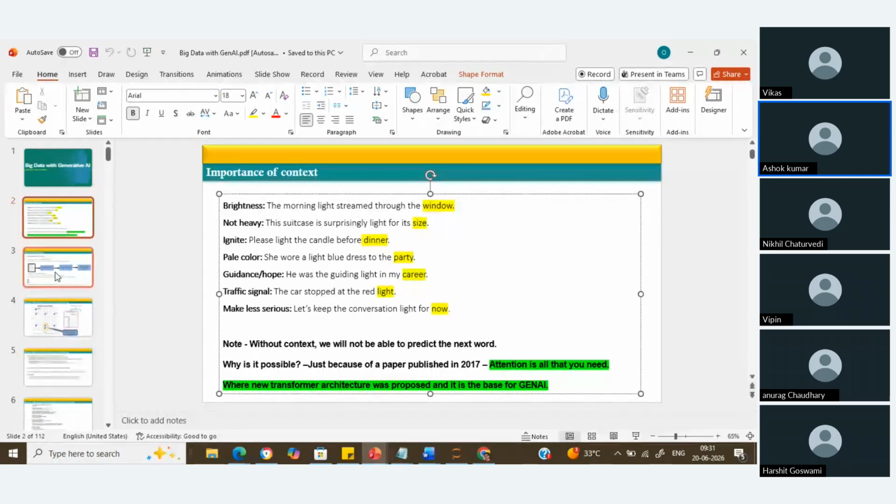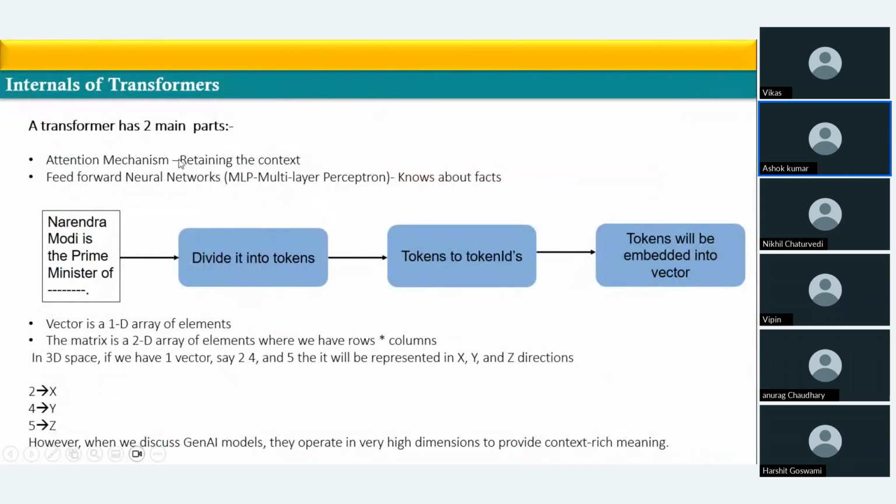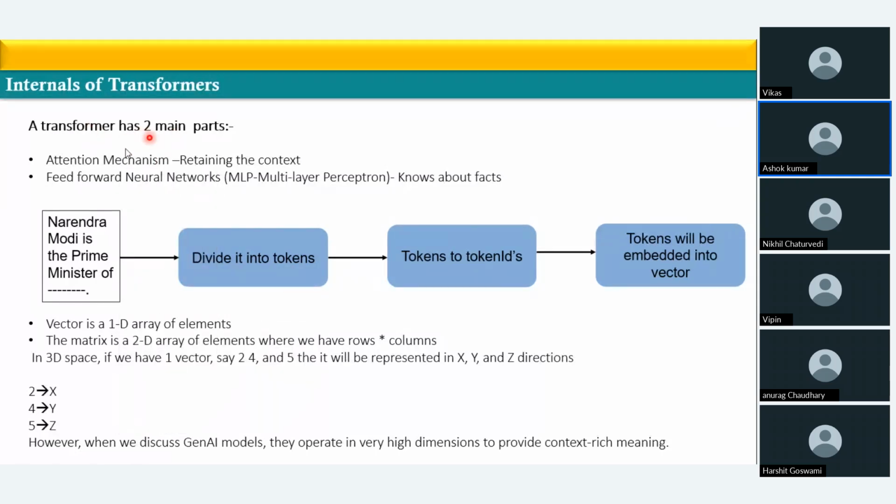Moving further, I already mentioned that when we talk about the transformer architecture, we have two main blocks. One is the attention mechanism, which retains the context, and the other is the feed forward neural network, which is nothing but the MLP layer, the multi-layer perceptron.